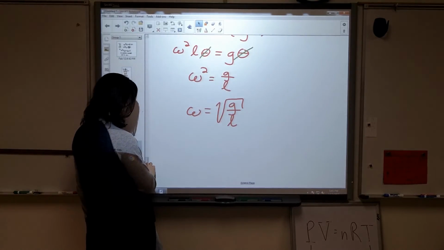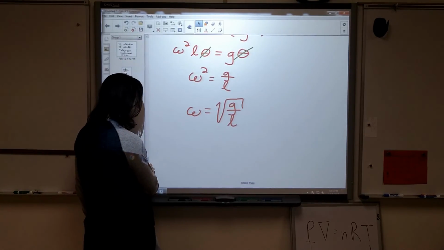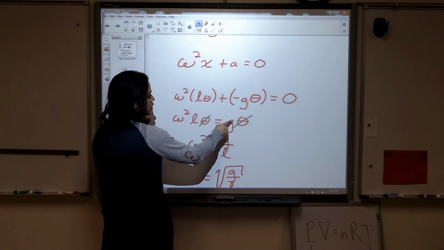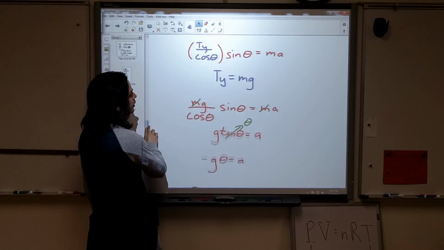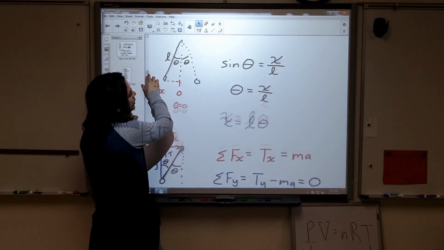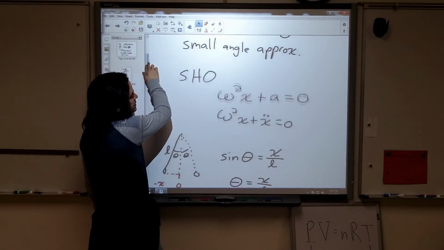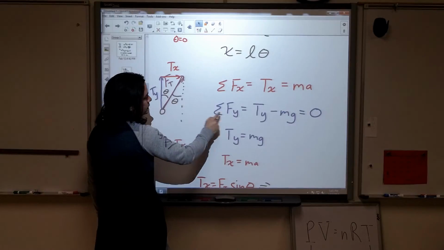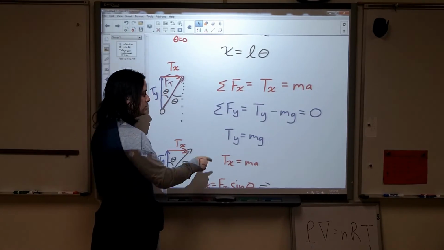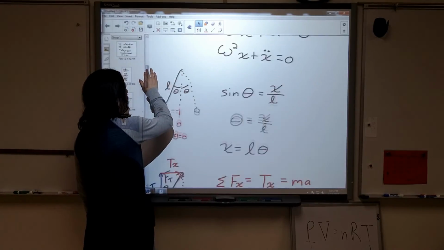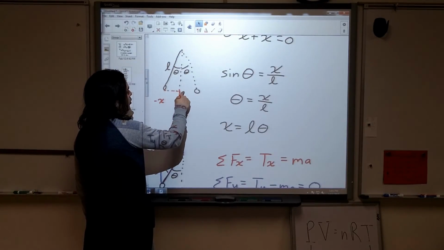Now remember, and this is that little bit of housekeeping, all of this derivation happened because we could then change this over to theta. And more specifically, we assume that almost all the motion is in the x direction. That's really only going to happen for a pendulum if it's dealing with a small angle of oscillation.